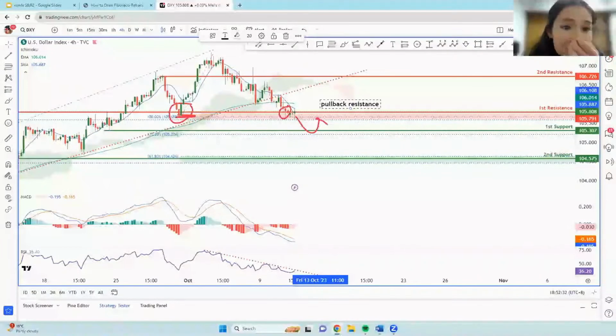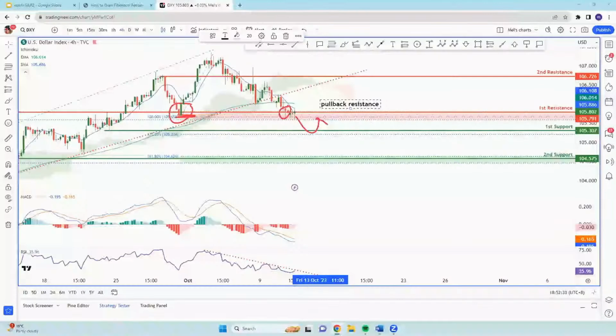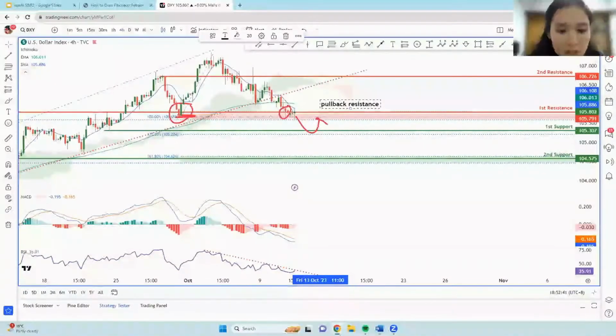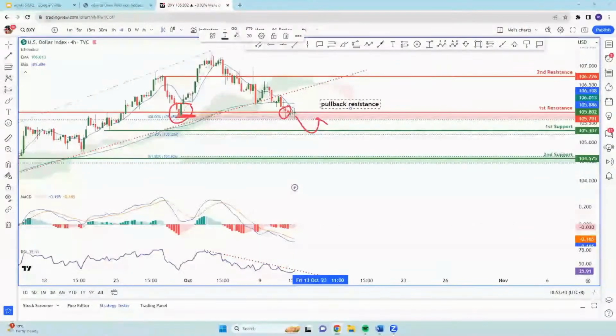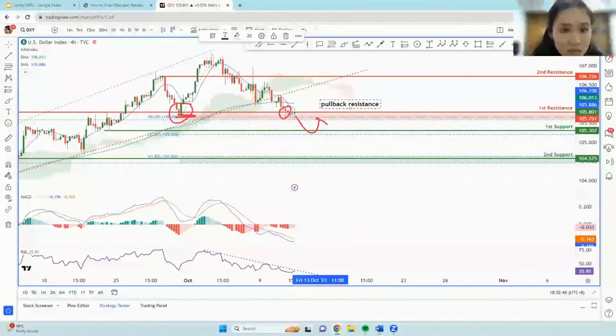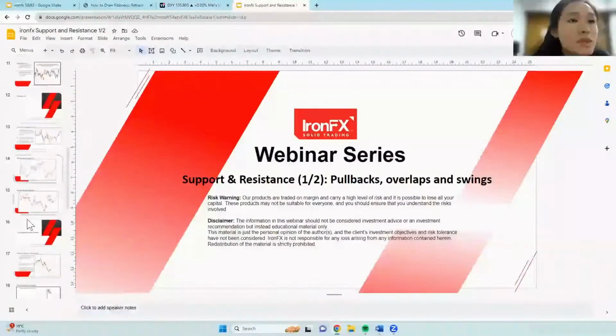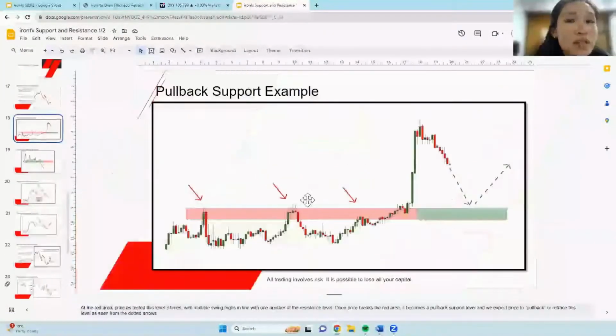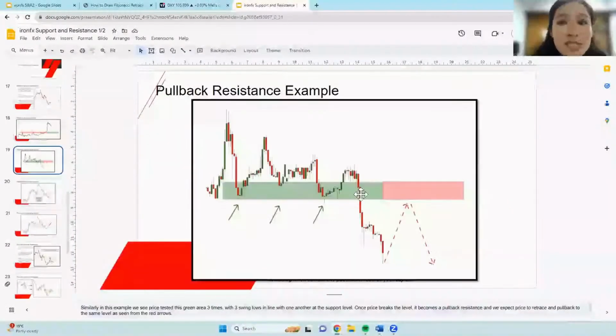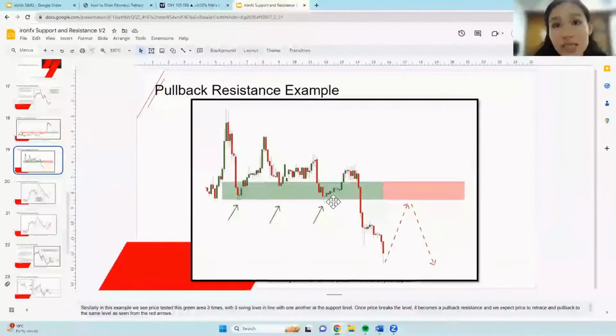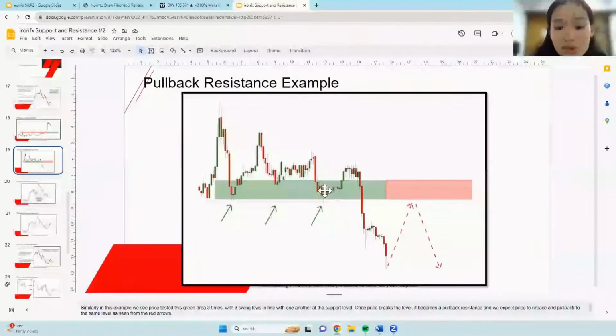Okay, maybe I'll pull out last week's slides to show you what I mean, because we still have a bit of time. We covered this last week. Okay, so a pullback is like this. Similar to what we saw earlier, here is my support. Once price breaks under it, it becomes a resistance, a pullback resistance.